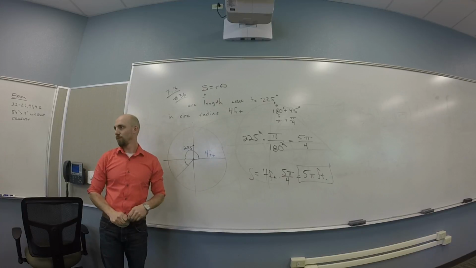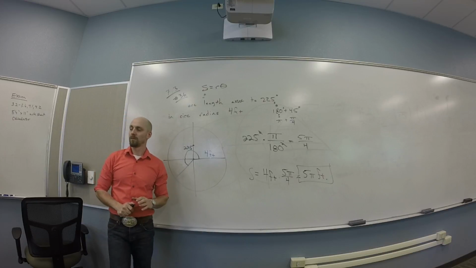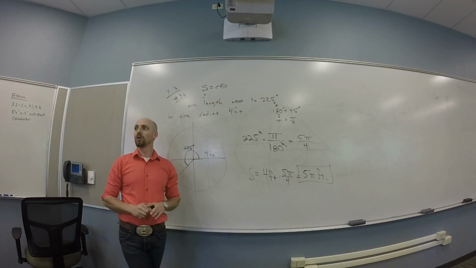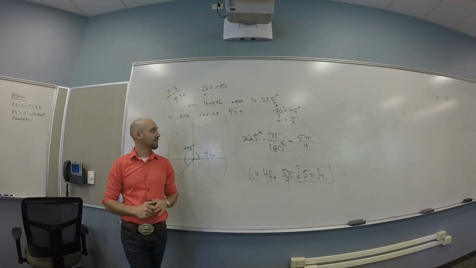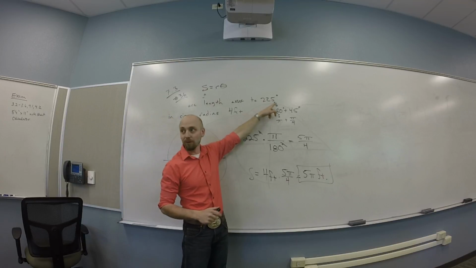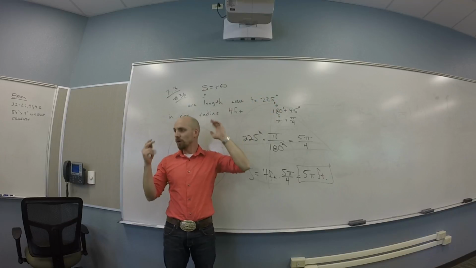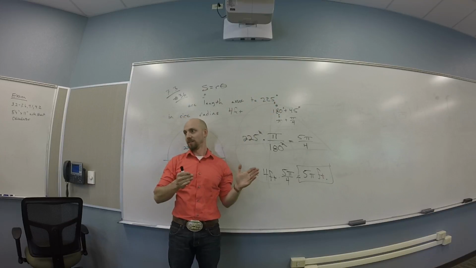I have a question. What if it gives you the radians as some number instead of a known value, like 3 or 5? What if my angle's like 3 radians? If it's in radians, you just multiply.